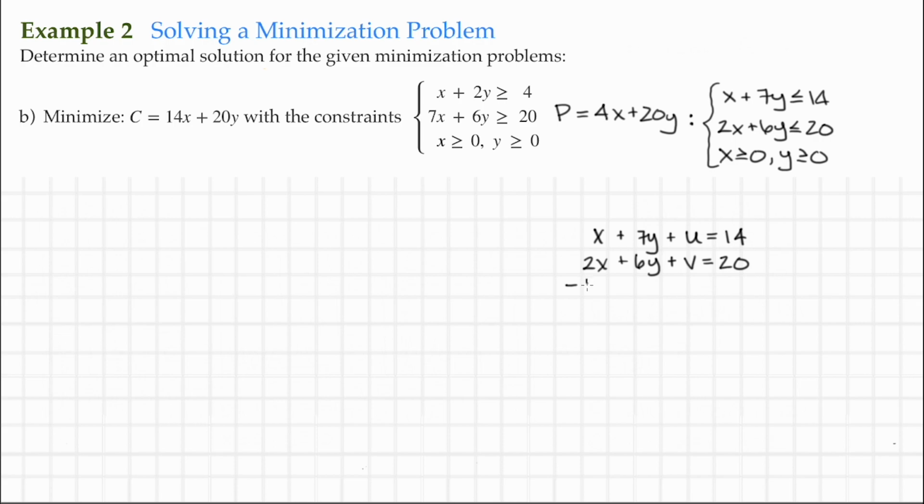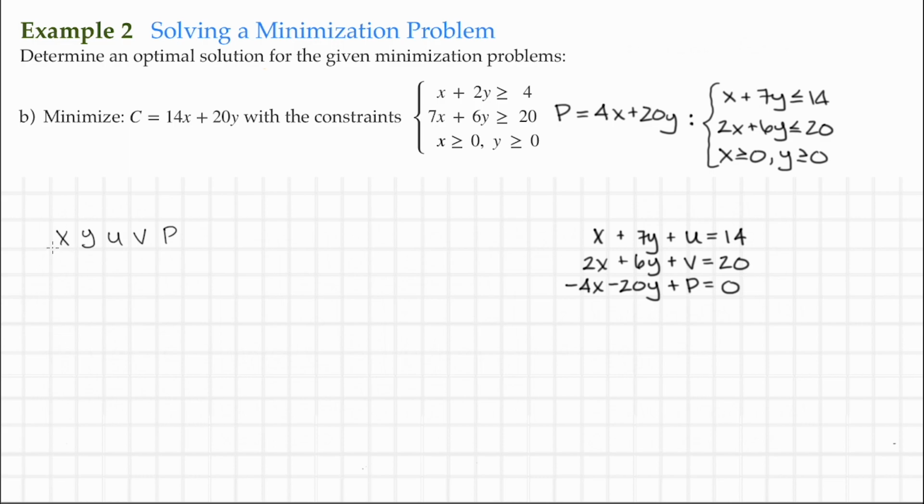That'll give us negative 4x minus 20y plus p, and that's going to be equal to 0. So then from here, we'll build our simplex tableau and use that to solve the minimization problem. So again, we'll go x, y, u, v, p.